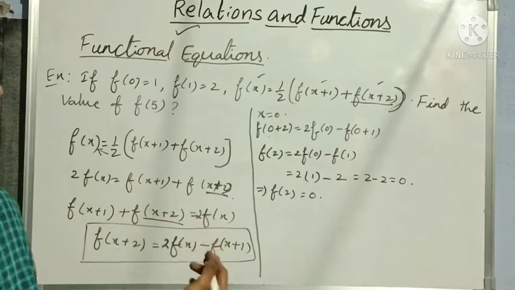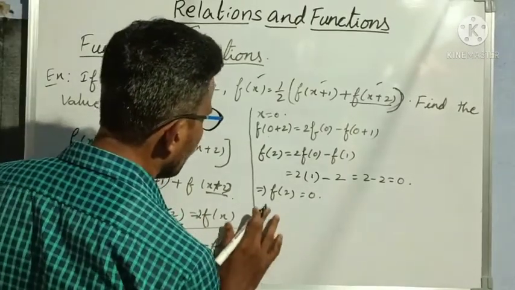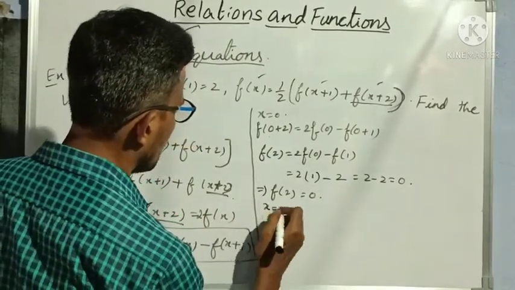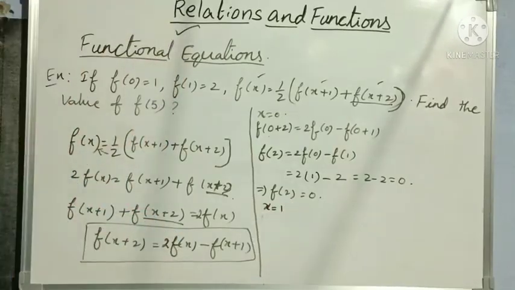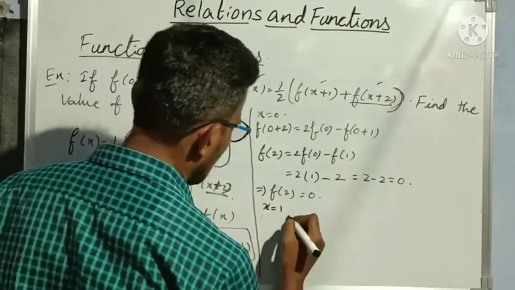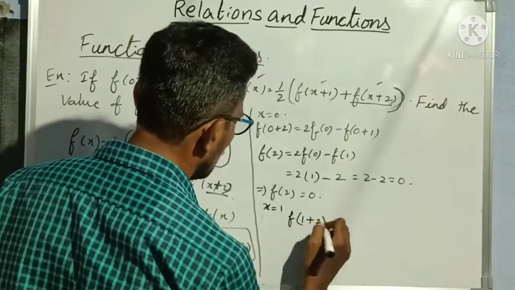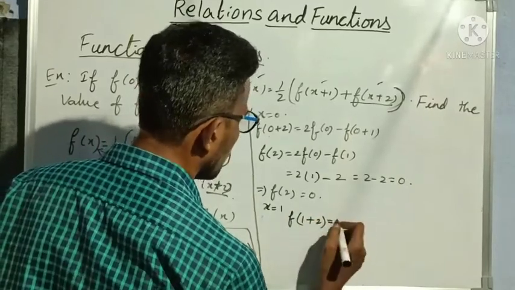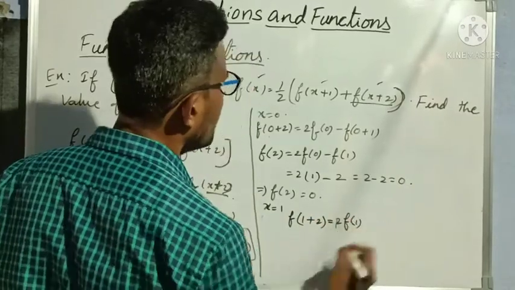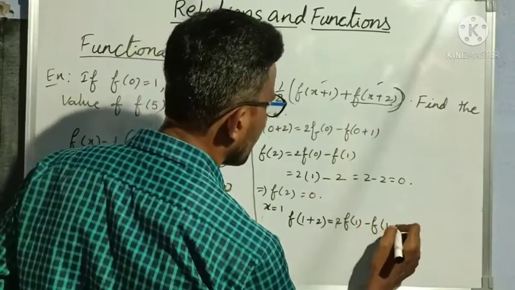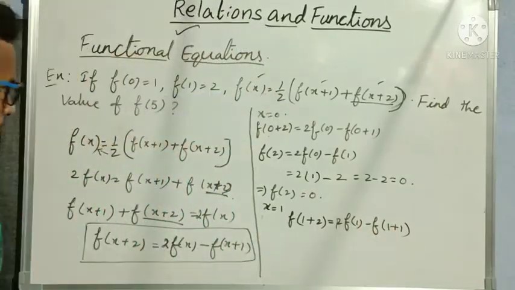So next let us see, in the place of x I have to substitute x is equal to 1 here. So now I will get one more equation, f(1+2) is equal to 2 times f(1) minus f(1+1).